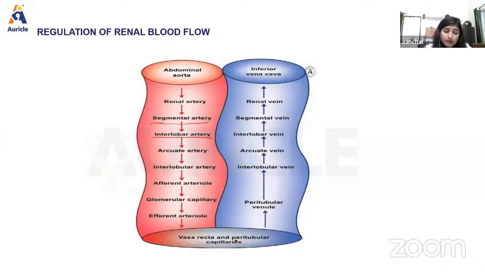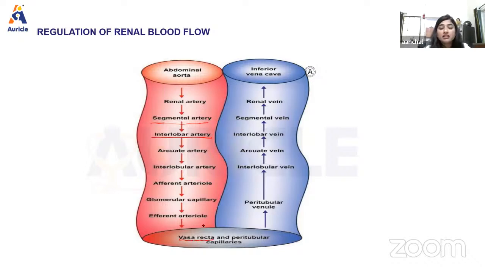Now, we have peritubular capillaries and vasa recta. Basically, these peritubular capillaries are found around the tubular portion of cortical nephrons only, and the tubular portion of juxtamedullary nephrons is supplied by some specialized capillaries, which are known as vasa recta.